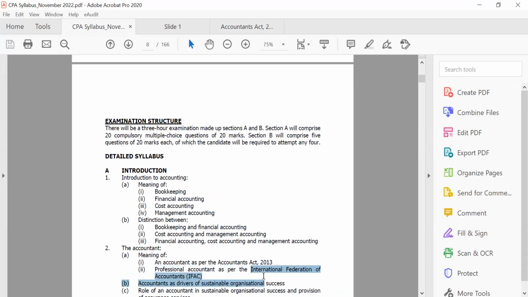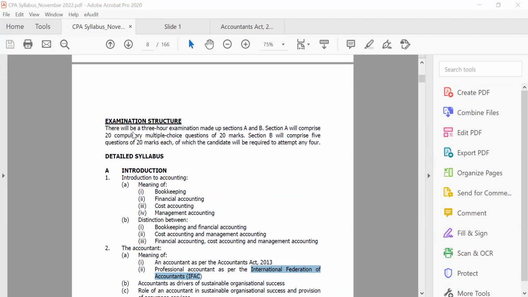And then we have what we call the International Federation of Accountants. So again, as accountants of Uganda, we don't just operate, okay?